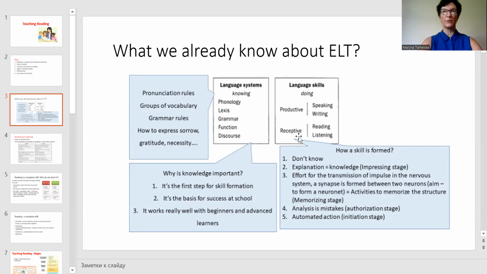And to form the skills, we need, first of all, to check the understanding, which is very important, because our students receive it, so we need to check understanding, and also we need to help them produce the language in a productive follow-up, but at first, understanding.